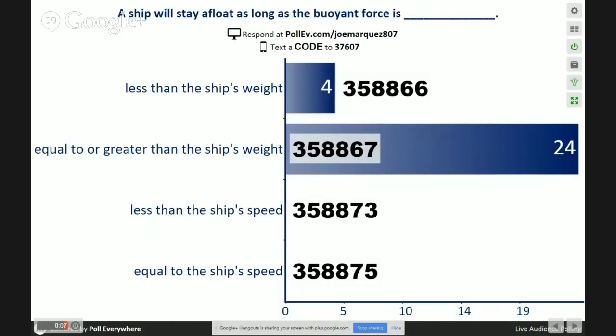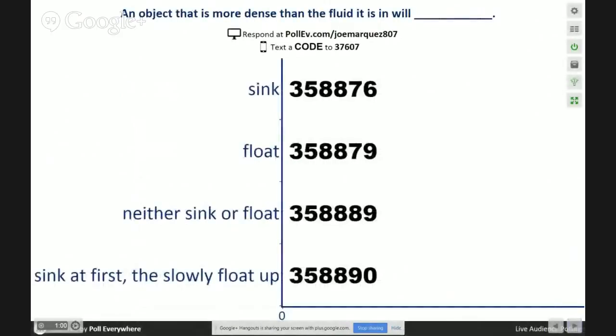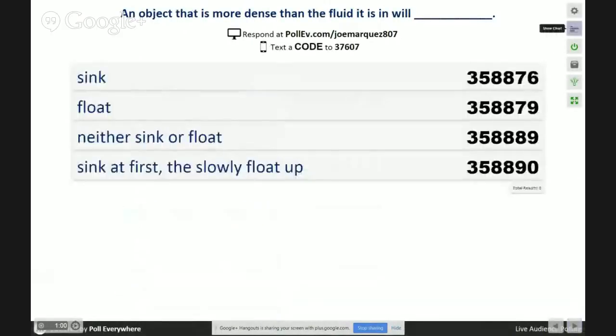Remember, staying afloat is a tug-of-war match in an up and down direction. If buoyancy wins, you float. If your weight wins, you sink. Okay? An object that is more dense than its fluid will what? Think about it. Water.